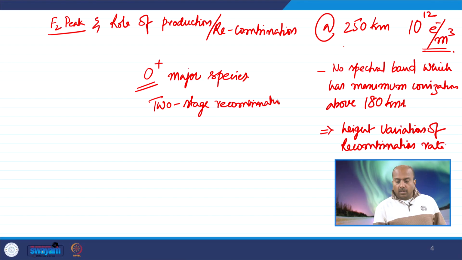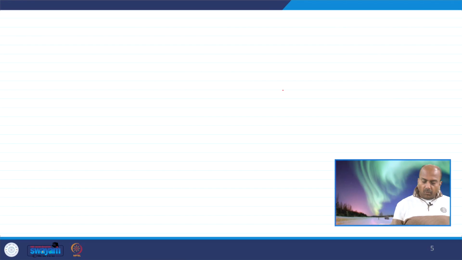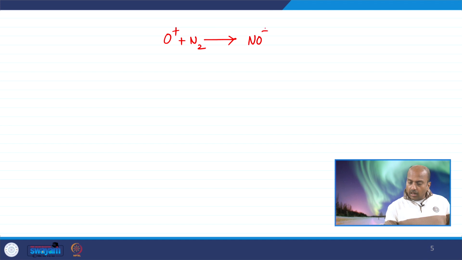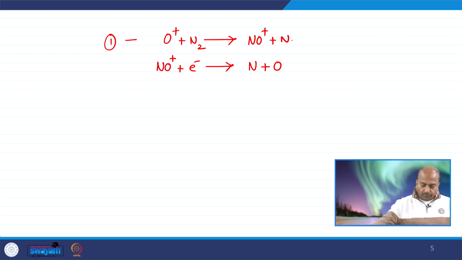What is the two-stage recombination? Step number 1 is when O plus reacts with N2, giving NO plus plus N. Let us call this 1. The second step is this NO plus recombining with an electron, giving you N plus O. This is the dissociative recombination, in which a molecule upon recombination with an electron dissociates into two atoms.